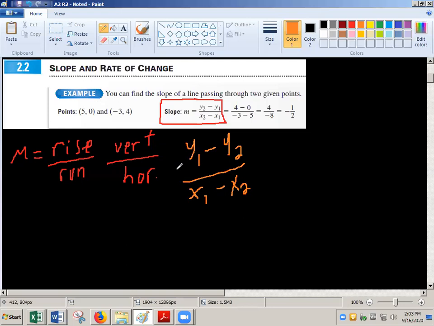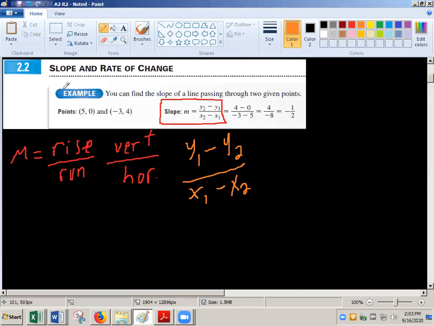So when we're looking at this, we're basically saying, okay, how can I figure out what the slope is? If I've got 2 points, how do I know which one is x1, y1 and which one is x2, y2? And the answer is it doesn't matter at all.